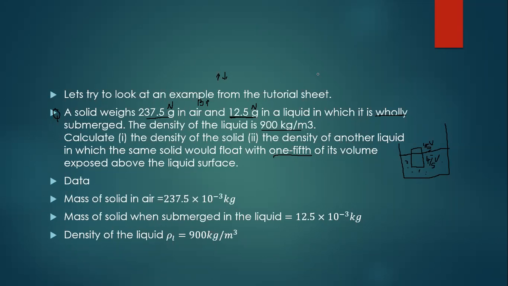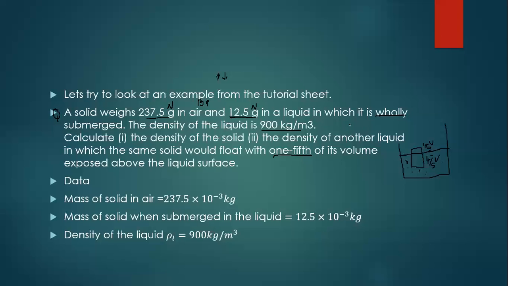What do you think, which volume are we going to take when calculating our buoyancy force? We are going to use the volume under the surface of the fluid. So that's the 4/5. Awesome, awesome. So we'll be able to see properly how to calculate that.